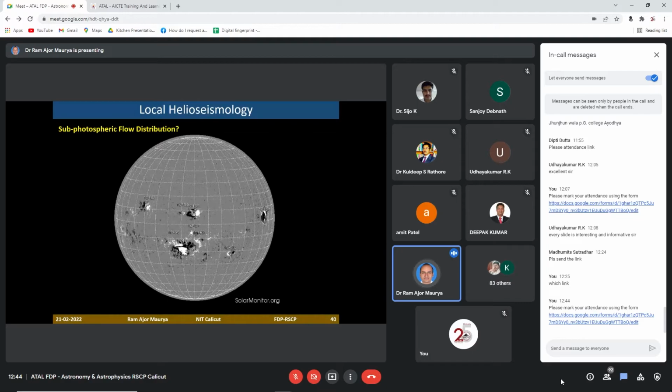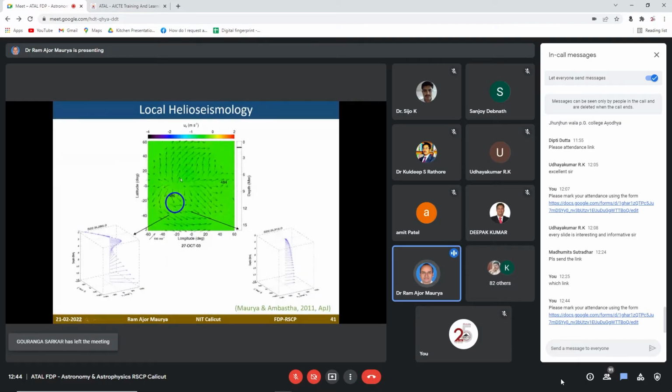Okay, so there are some big active regions on the surface of the sun. I'm going to show what is happening in the interior of the sun. Here we have the horizontal flow on the surface of the sun, and on the right-hand side we have a bar going from top to down.